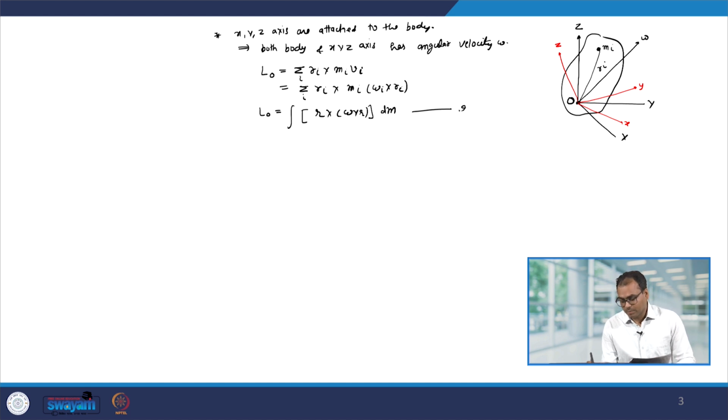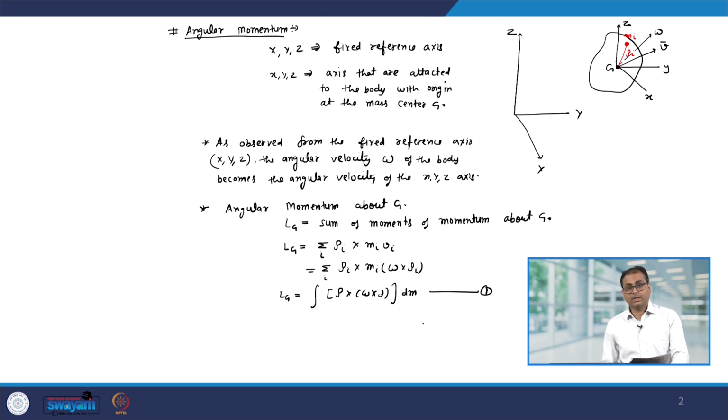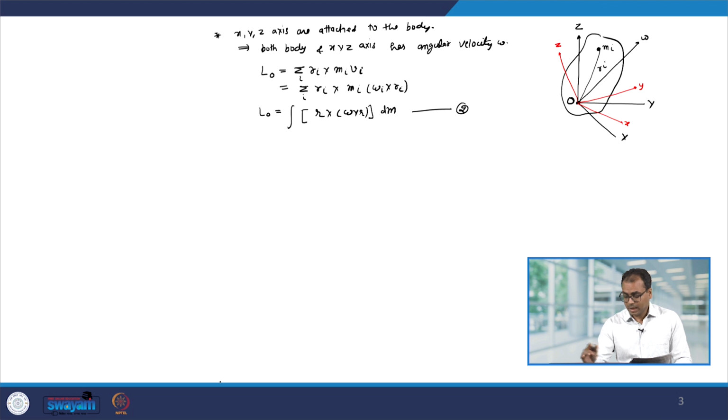Let us call it equation number 2, and you can see that equation number 2 and equation number 1 have the identical form. In equation number 1, we calculated the angular momentum about the mass center G, and in equation number 2, we calculated the angular momentum about a fixed point O. So, equation number 1 and 2 have identical forms.